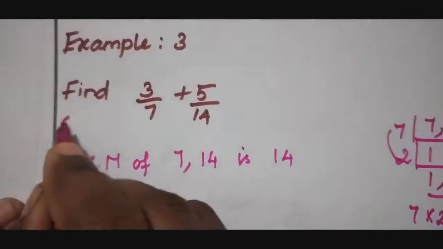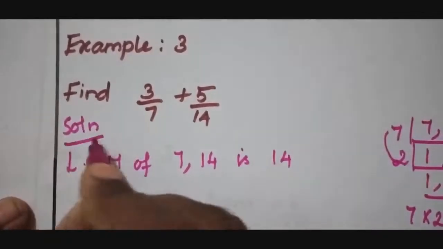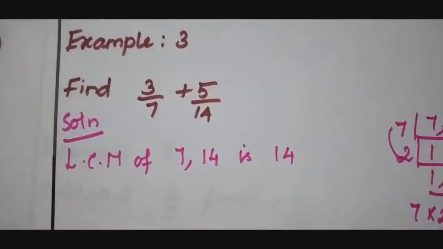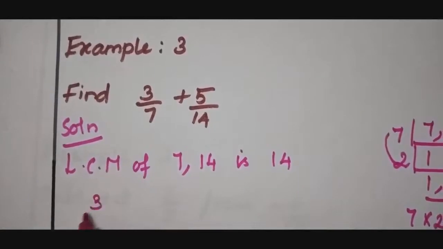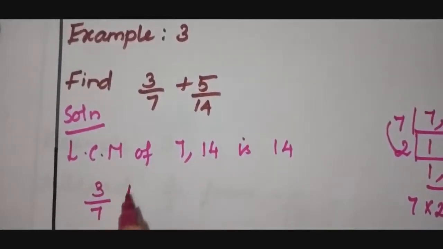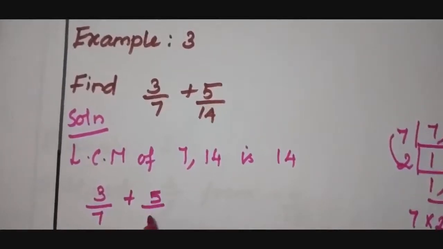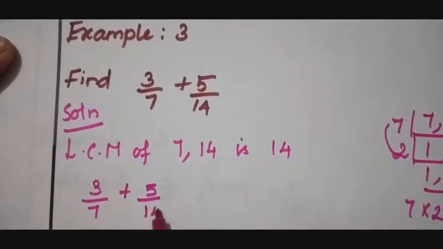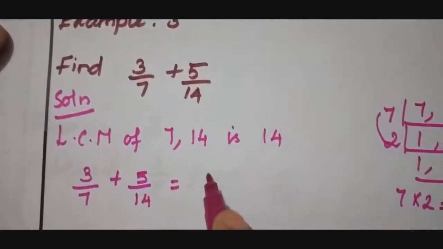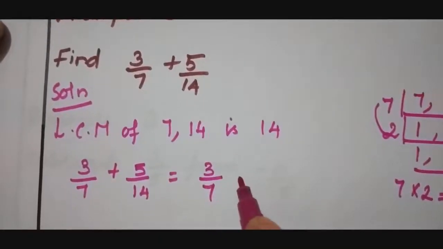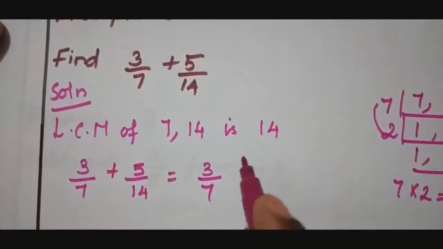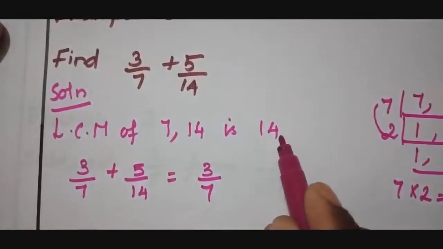Now let us solve this one. 3 by 7 plus 5 by 14, which is equal to 3 by 7. You want to get the denominator as 14.